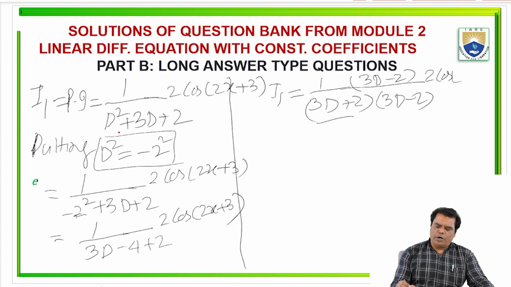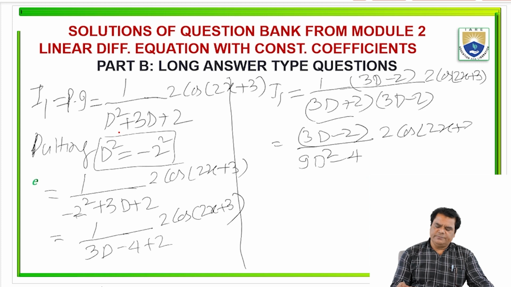Here is 2 cos 2x plus 3. So with 3D plus 2 and 3D minus 2, it is of the form a plus b, a minus b, so here 9D square minus 4, into 2 cos 2x plus 3.